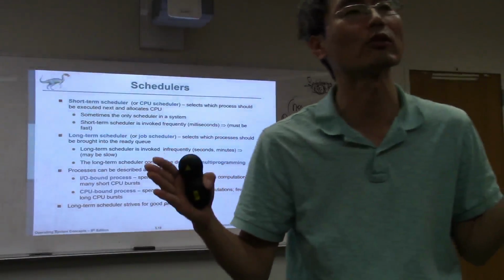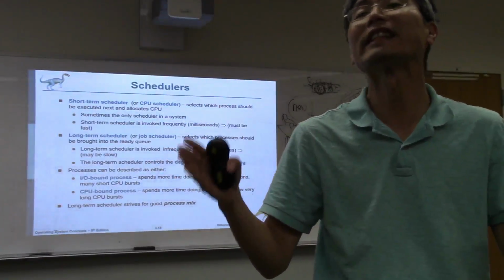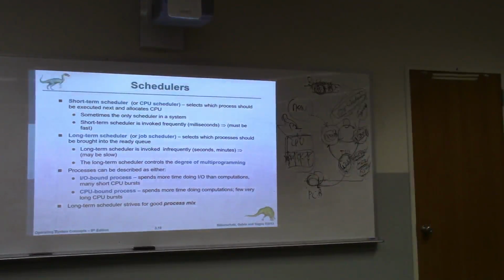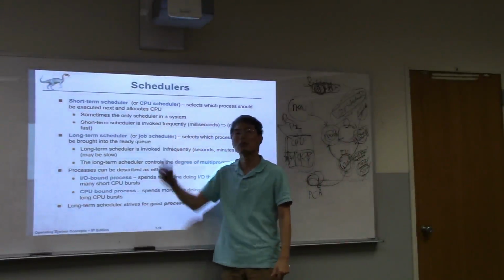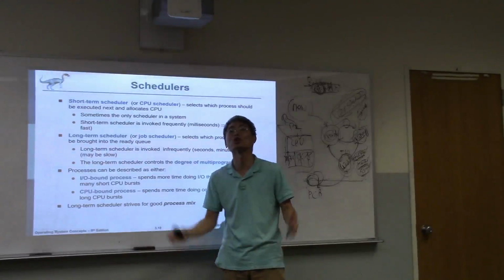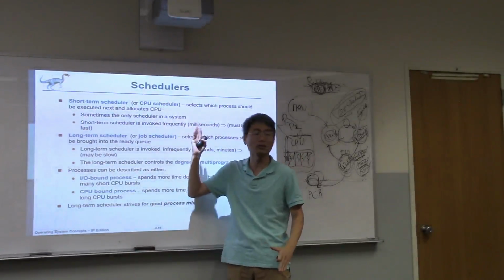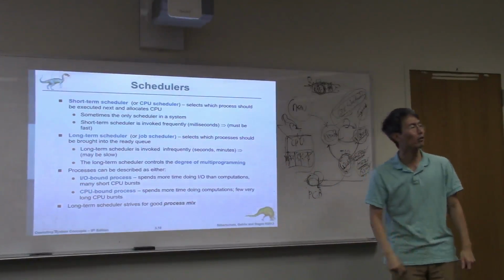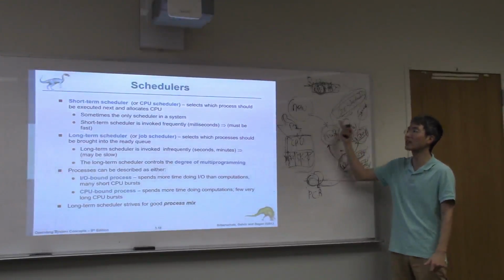How many instructions can you process in a second? 1 giga. 1 giga of instructions you can process. Even a millisecond is huge in terms of CPU time. So short term means milliseconds, sometimes microsecond level. This is the short-term scheduler.